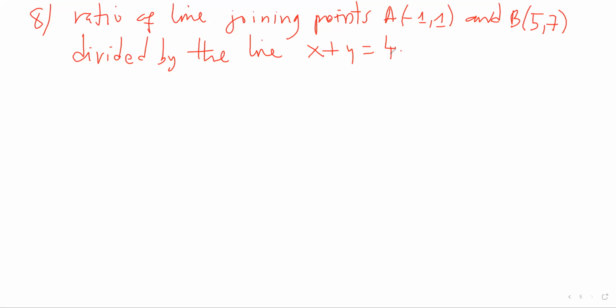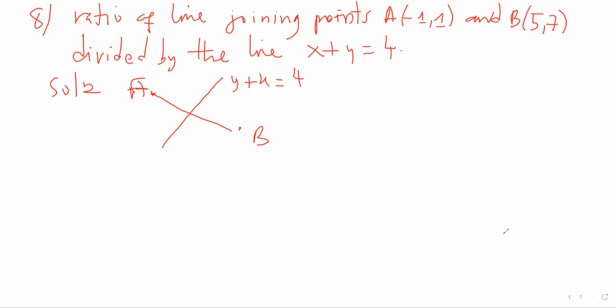So if this is point A and this is point B, and then we know that this is line y plus x is equal to 4, then this line is dividing A and B into a ratio.